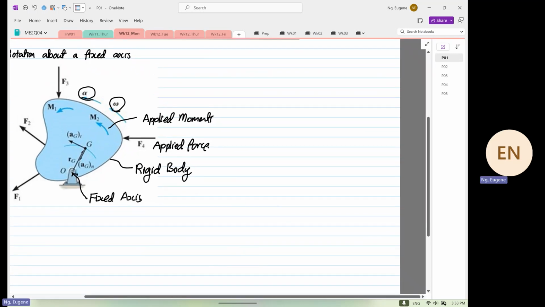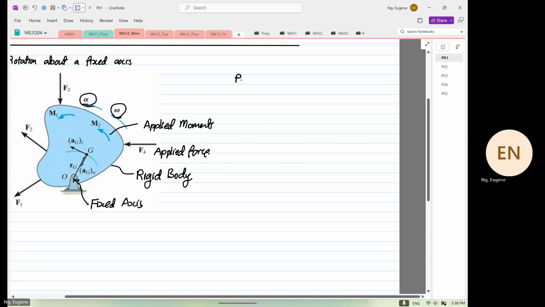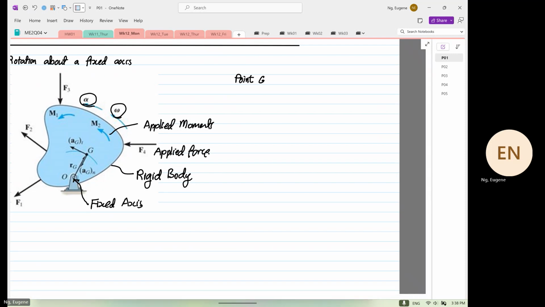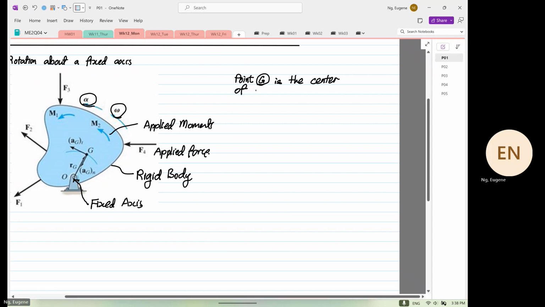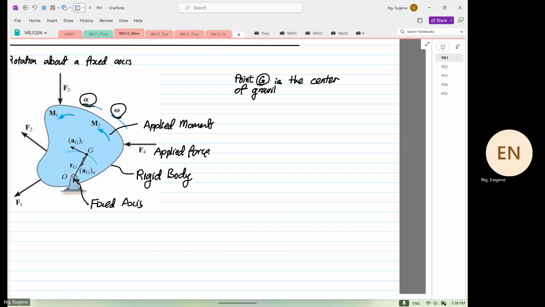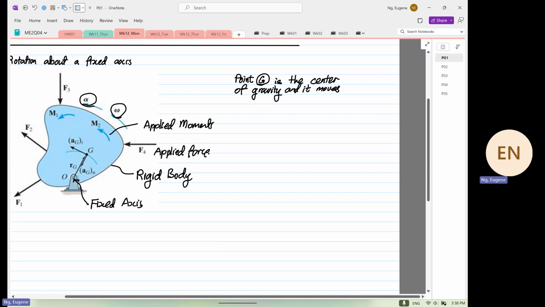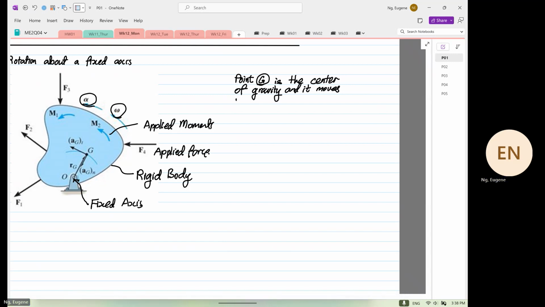What we realize is point G is the center of gravity, and it moves in a circular path of radius RG.